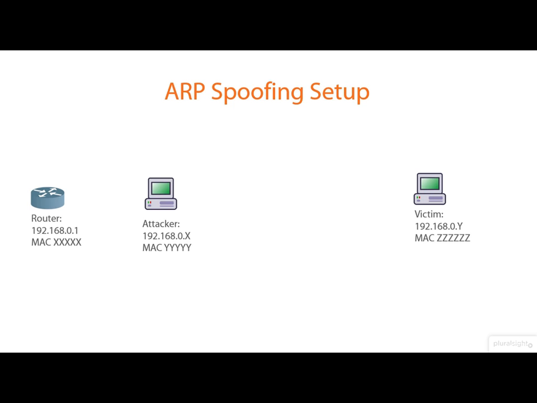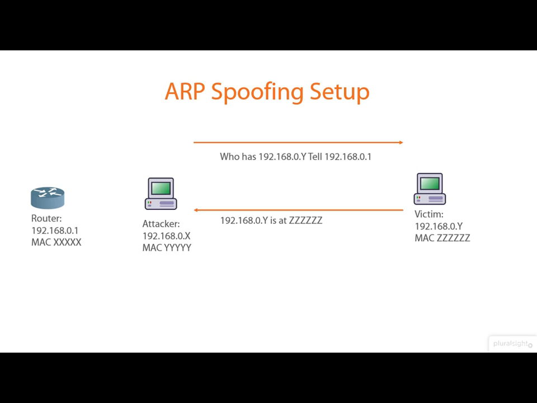Here's how a typical ARP cache poisoning works. First, the attacker will send an ARP request asking about the victim's MAC address and pretending to be the router at the same time. Then the poor victim will respond happily back with his MAC address.